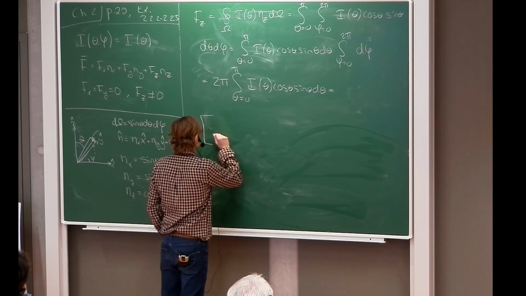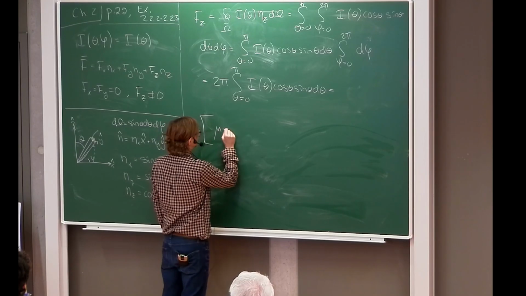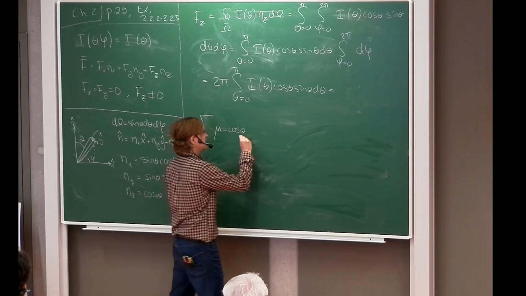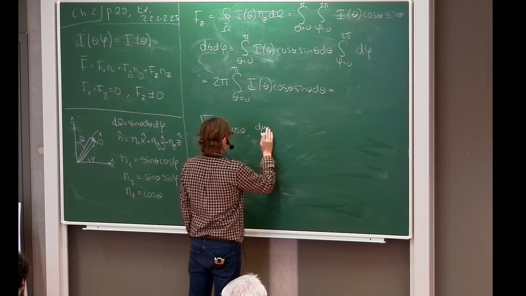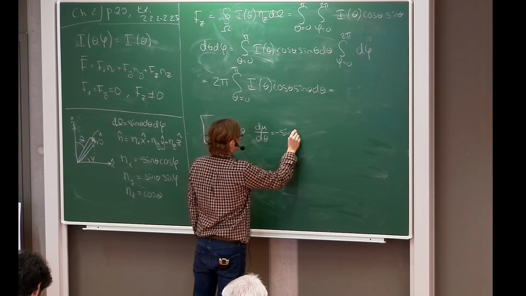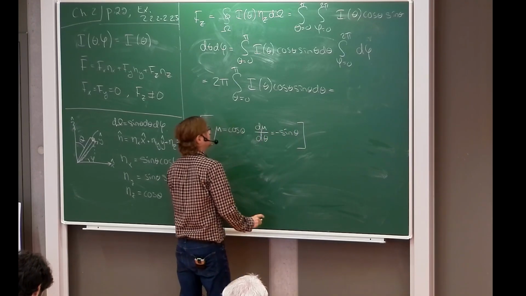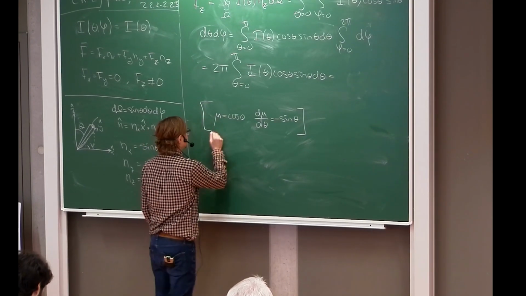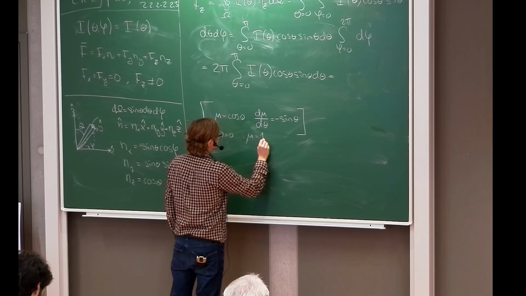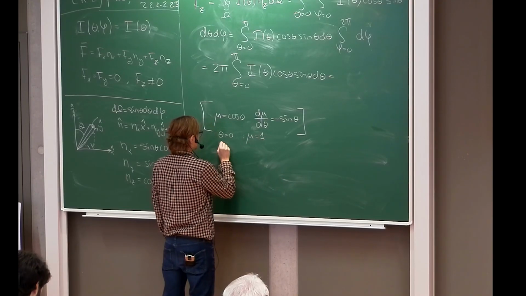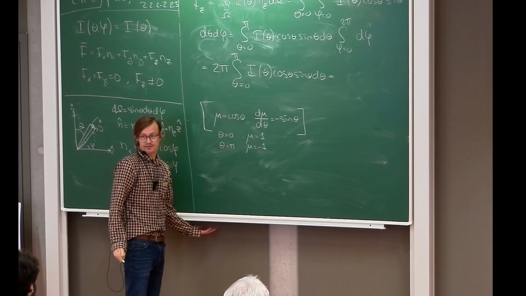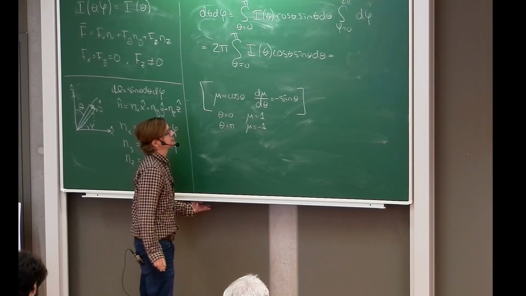That variable substitution is mu equals cosine of theta, such that d mu is minus sine theta d theta. And the limits: theta equals 0 is then mu equals 1, right? And theta equals pi is mu equals minus 1. It's just the cosine.